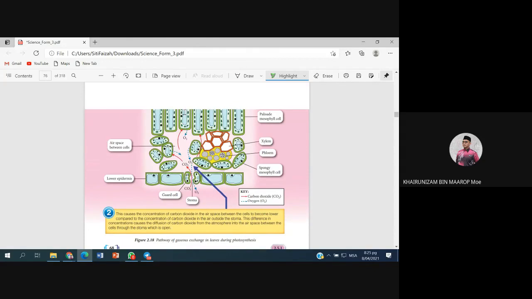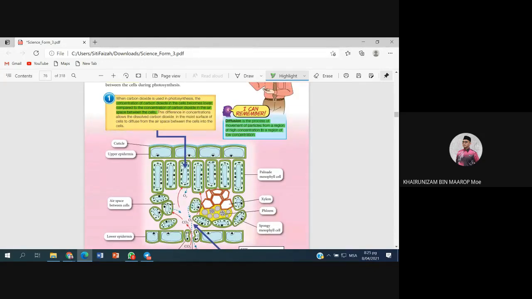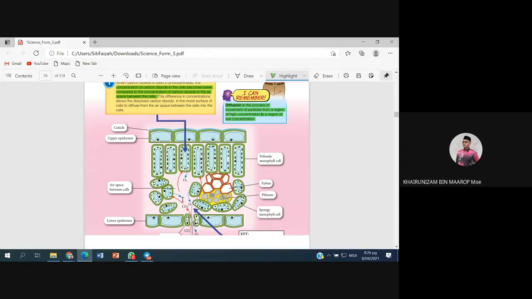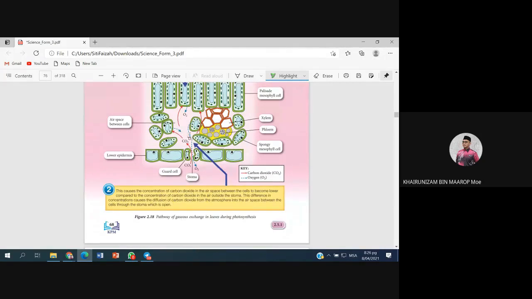So from number 1, in the cell the concentration of carbon dioxide is decreased, and the concentration of carbon dioxide in the airspace is increased, so they will diffuse for gas exchange here, and then oxygen will diffuse to the airspace, and the concentration of oxygen is increased compared to outside the leaf.